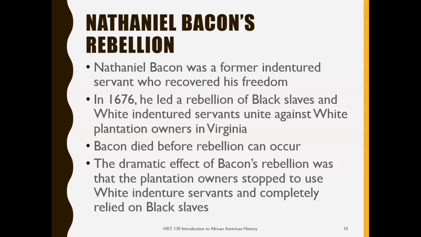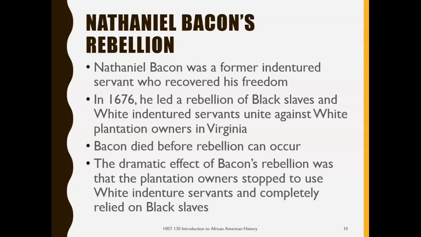In 1676, he led a rebellion with black slaves and free blacks, as well as white indentured servants. So he led this rebellion against the rich planters of Virginia.